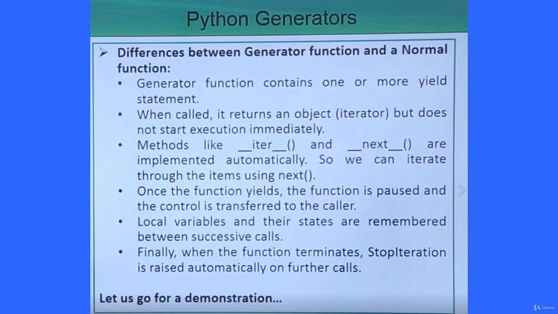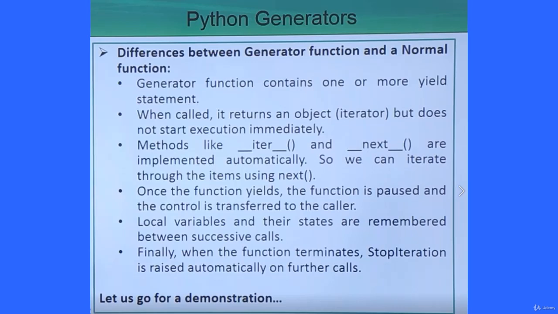Difference between a generator function and a normal function. What is the basic difference? A generator function contains one or more yield statements. When called, it returns an object, that is the iterator, but does not start execution immediately. Methods like __iter__ and __next__ are implemented automatically in our generators.